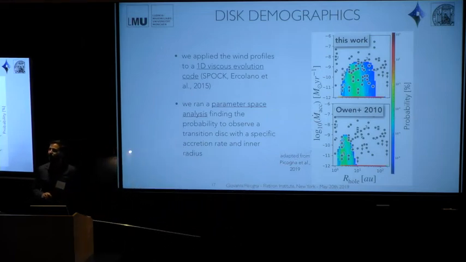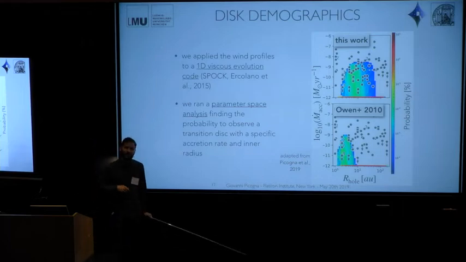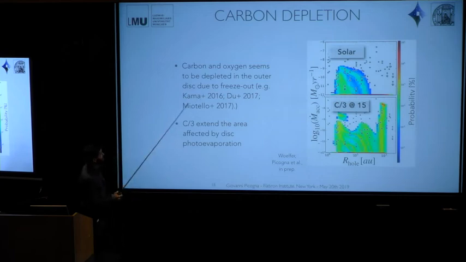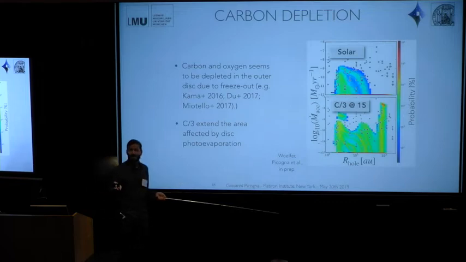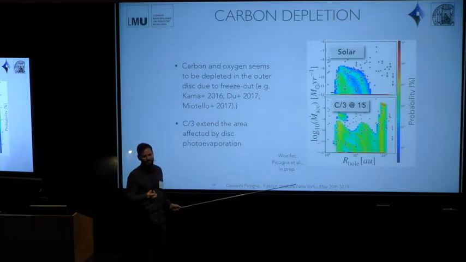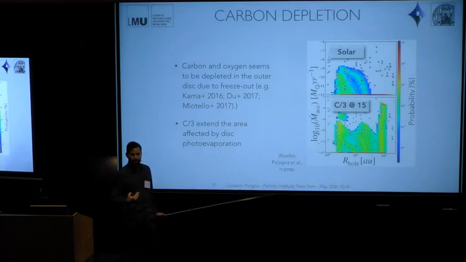Another point I wanted to make is that we are also, with a student, now modeling carbon depleted disks. It has been shown that the disks in the outer parts are carbon depleted, possibly due to freeze out of the carbon onto grains that are then settling on the midplane, so the atmosphere is possibly depleted in carbon and oxygen, and carbon is one of the main opacity contributors to the X-ray radiation.